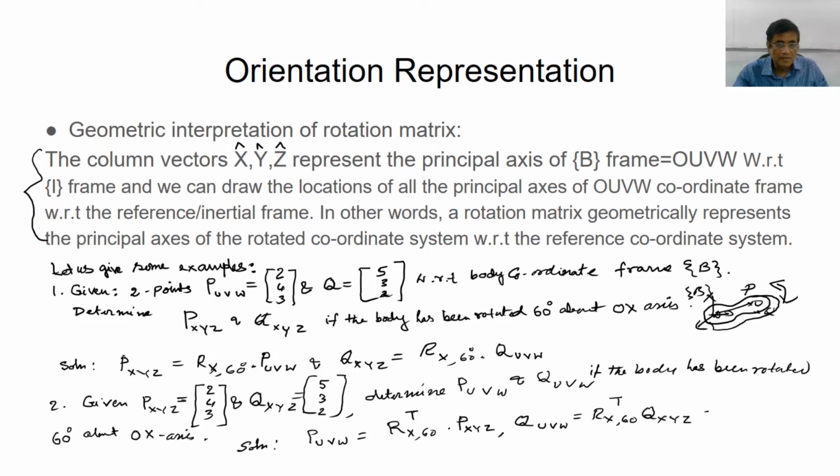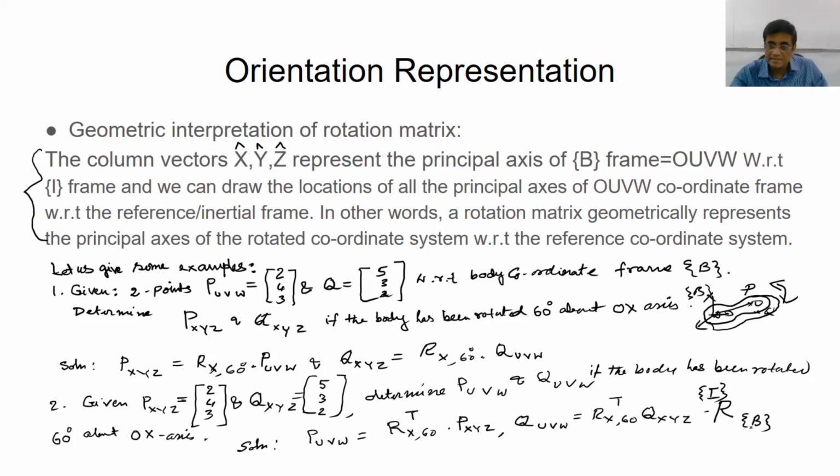So it's very simple. Since I know this rotation matrix, that is R x 60, which you already derived, P xyz will simply be the rotation matrix multiplied by the description in the body coordinate frame. What the rotation matrix is telling us is that R captures the orientation of the body coordinate frame with respect to the inertial coordinate frame.